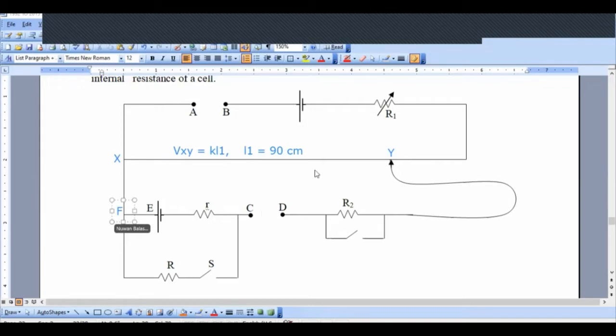We take all the readings when no current flows in the XF branch and YC branch. If you want, I can draw the galvanometer also here. So there is a center-zero galvanometer connected here. Capital G.